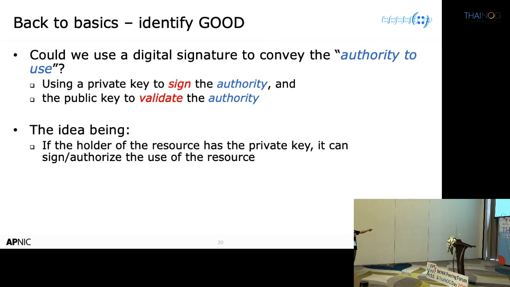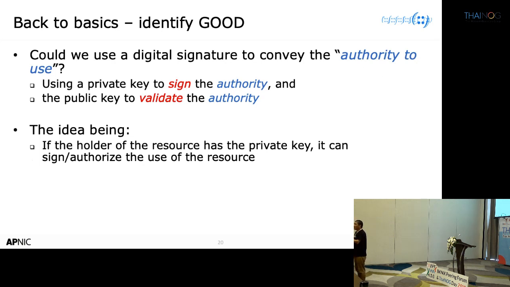So similarly, can we use digital signatures? For example, the problem with most of the route hijacks is, if he's announcing a prefix, how do I know he is authorized to announce that prefix, right? We need to be able to confirm that. So can we use digital signatures to say, if I own a prefix, let's say 1.0.0.0/8, if that prefix belongs to me, I should be able to authorize any network to announce that prefix on my behalf to the global routing system, right?